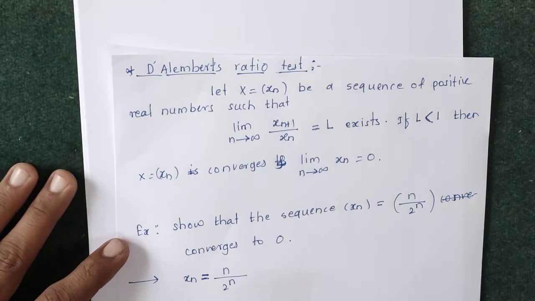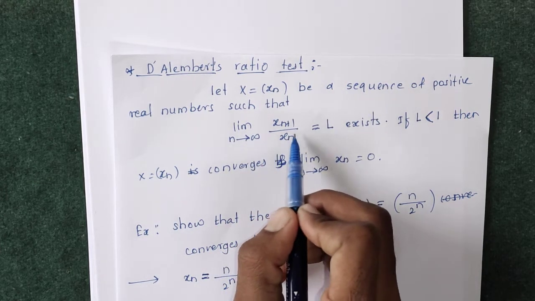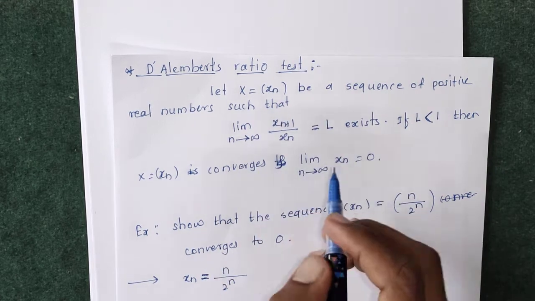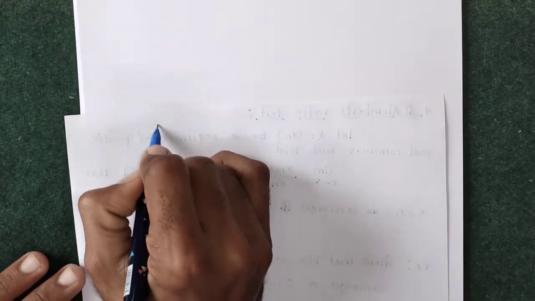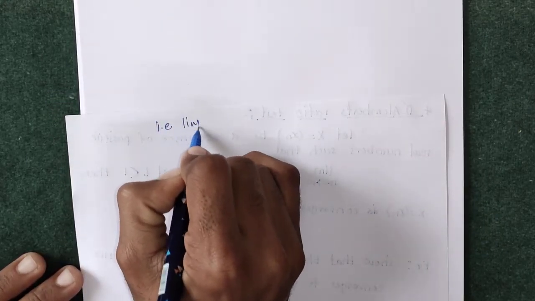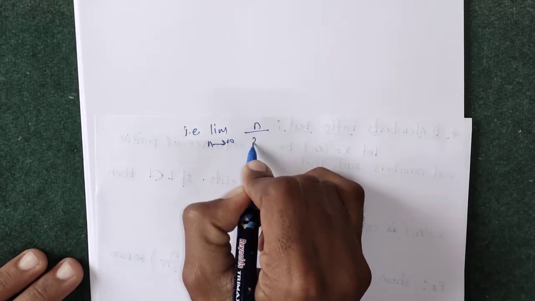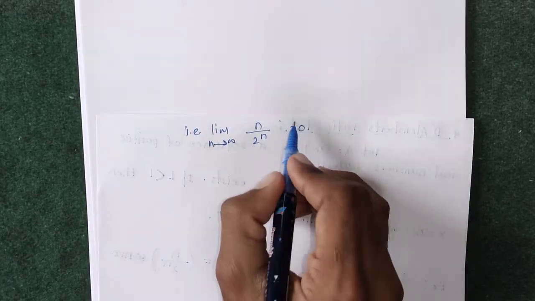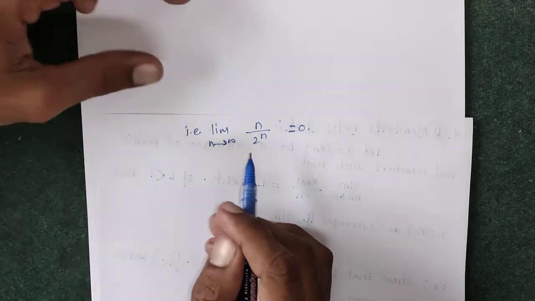This is the statement of D'Alembert's ratio test: the limit of xn+1 upon xn is equal to L, and that limit L is less than 1, then the given sequence xn is convergent, and the limit of xn is equal to 0. That is, the limit of n upon 2 raised to n is equal to 0. Hence the sequence converges to 0. Hence this is the solution of the given example by D'Alembert's test.